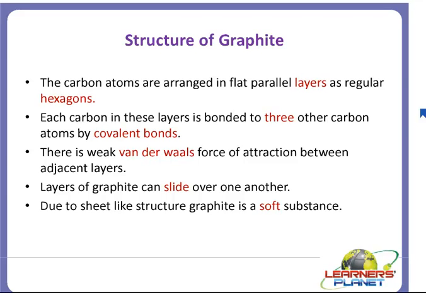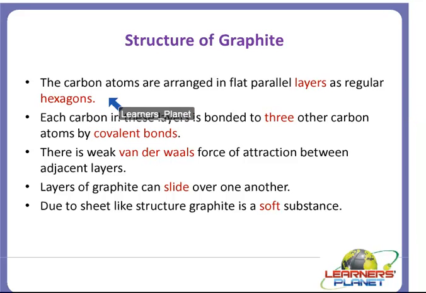Even if you burn coke or coal or lamp black or Buckminster fullerene, the only product you're getting is carbon dioxide, right? So, what is the difference here? The difference is the state in which they are present and their melting points, their densities, their boiling points, as well as their state, right?